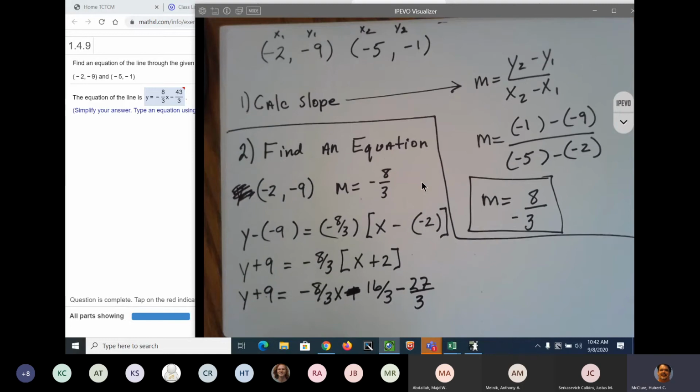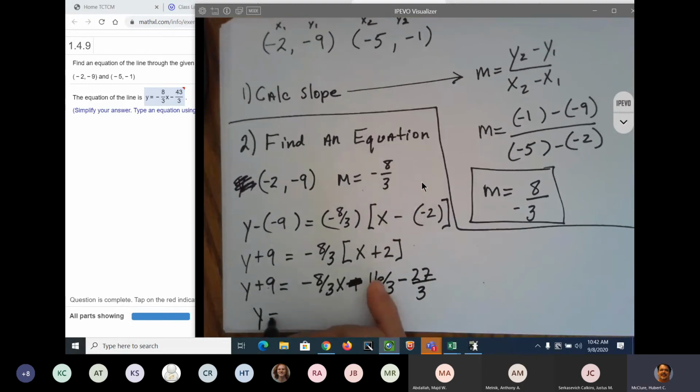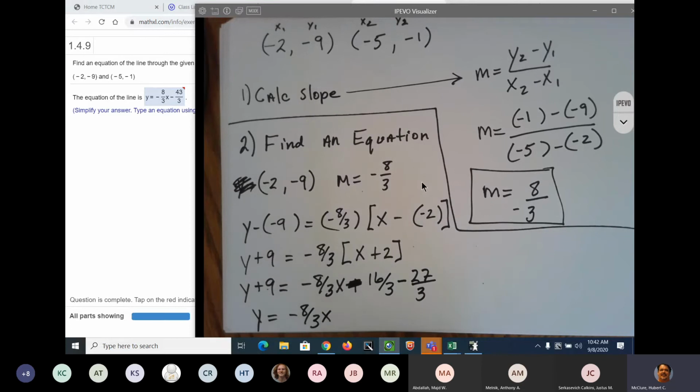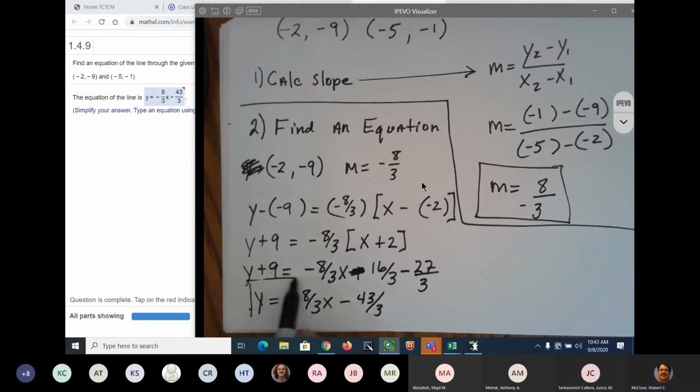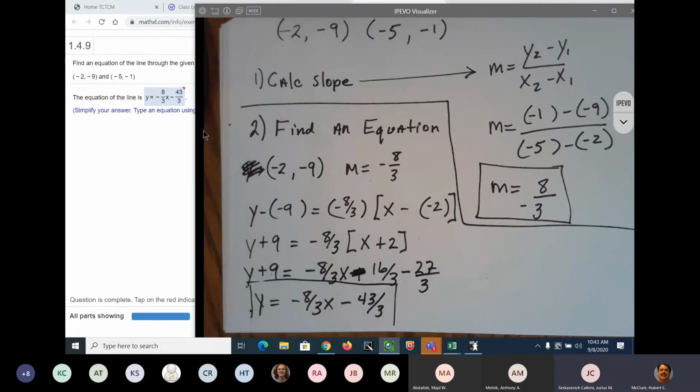So the final answer is y is equal to negative 8/3 x minus, I have no idea, what is that, 43/3? 27 and 16, 7 and 6 is 13, bring the 1, 2, 3. I think that's right. Let's type it. Oh, there it is right there. Negative 8/3 x minus 43/3.